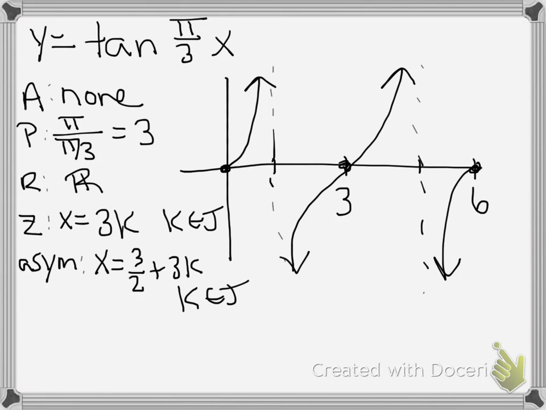Okay, hopefully we're feeling a little good with tangent, not changing up or anything. No shifting yet. All I want you doing is practicing the basic graph of tangent, changing the period, and making sure you get the zeros and the asymptotes.